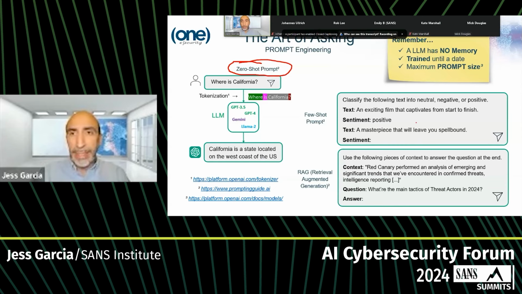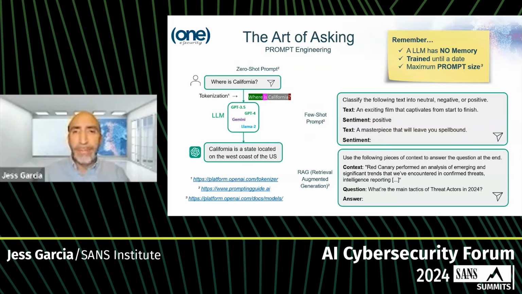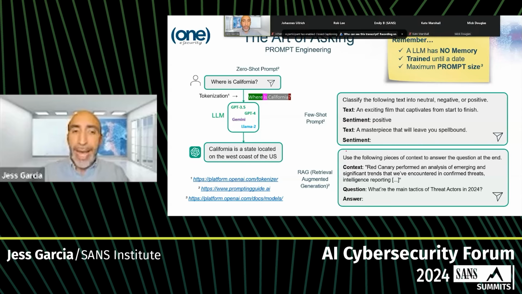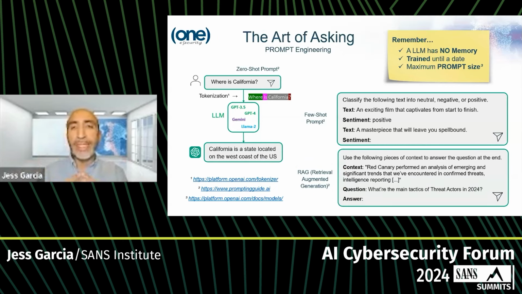The second one is the few-shot prompt, which could be teaching the model with some information that is going to be useful for the answer. And the third one is going to be a little more providing knowledge to the model, okay? So as you can see, there are 3 different ways in which you can interact with AI.